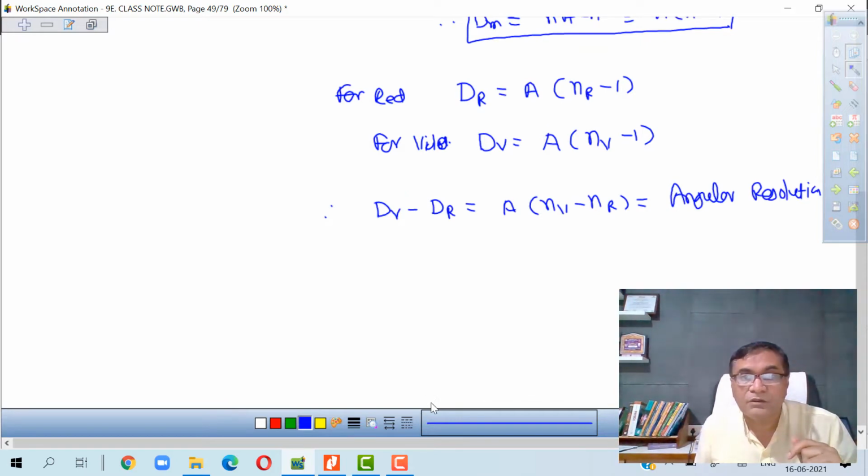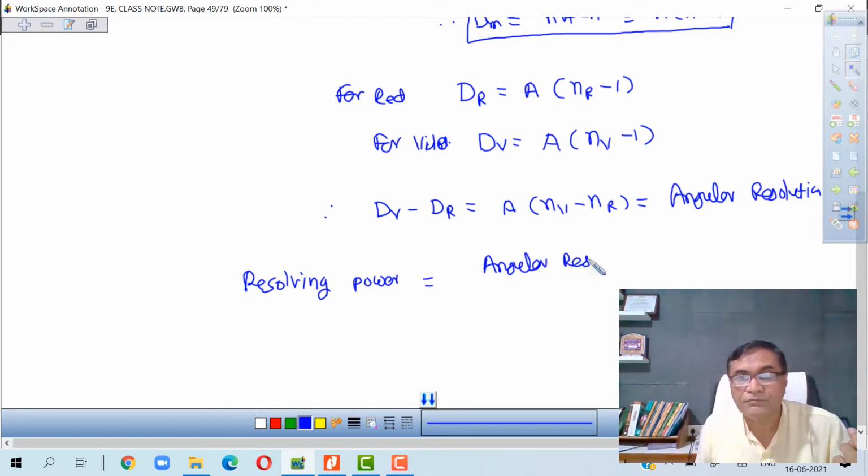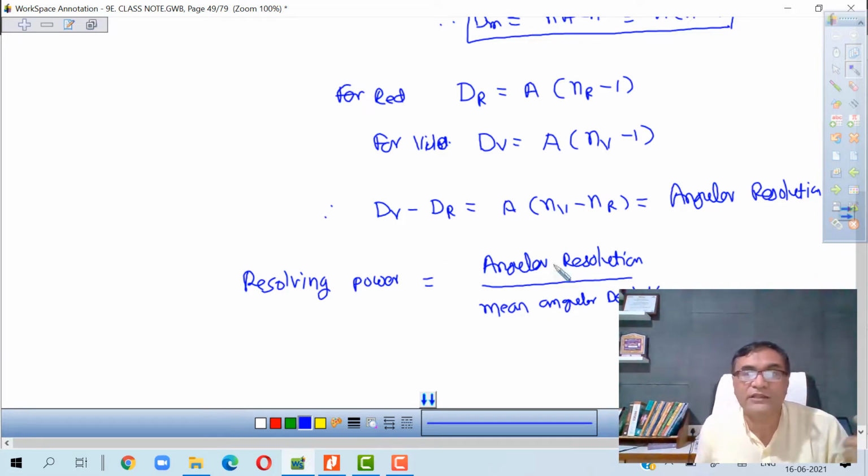Now, the more the difference of this, you get more resolution, that is sure. And resolving power means what? Resolving power is nothing but angular resolution upon mean angular deviation. Mean deviation કેટલું? So it is for yellow color, as I told you.